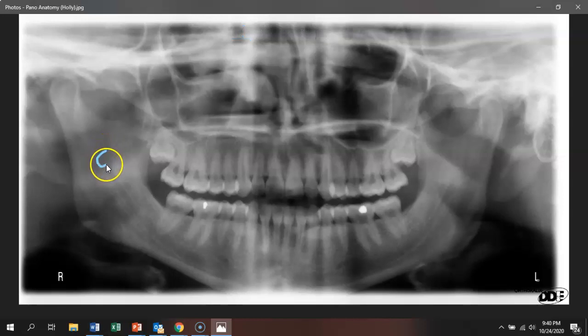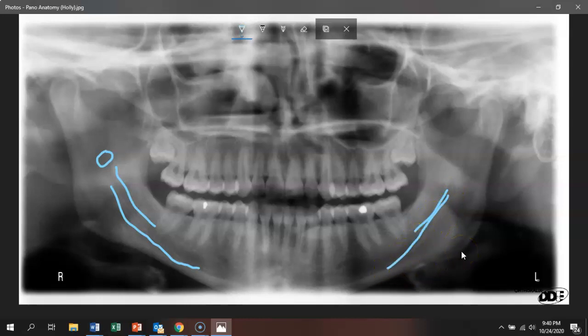That would be up here. And then do you see the mandibular canal? Sorry, that's messy. But the mandibular canal you can see here and here.